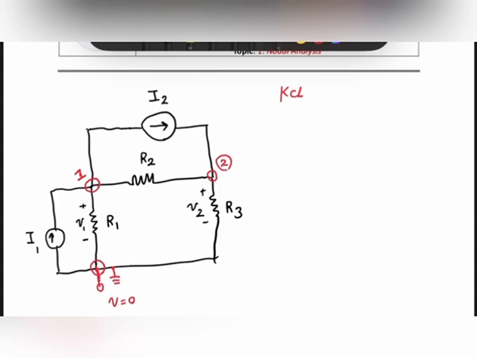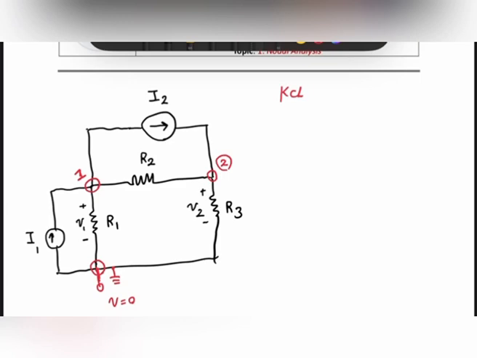So the first step is to find the number of nodes, and we label each node. Here we have 3 nodes, and I'm going to call them 1, 2, and 0, because one of them, which is the 0, we call the reference node, which is grounded.